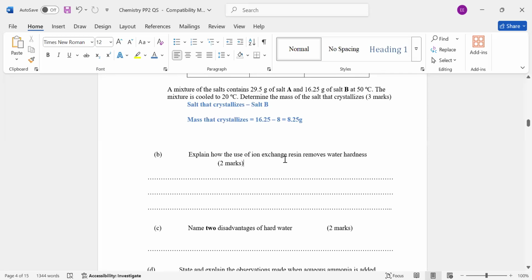Now, in the ion exchange resin, what we have is sodium ions. So these hard ions, the ones that cause the water hardness, are exchanged with the sodium ions. So what comes out will be sodium ions and not the ones responsible for water hardness.